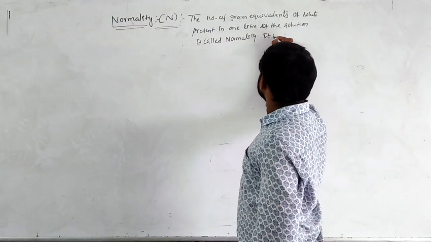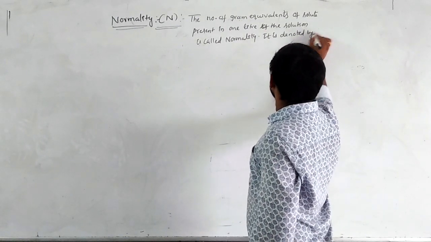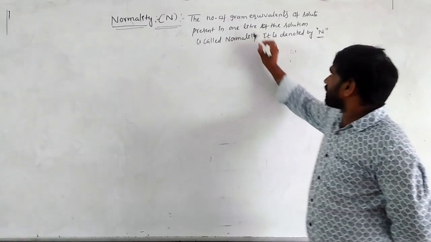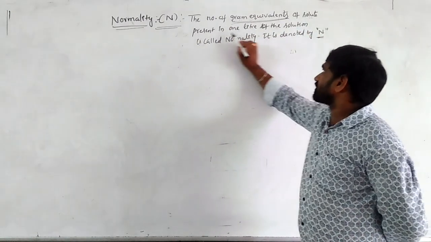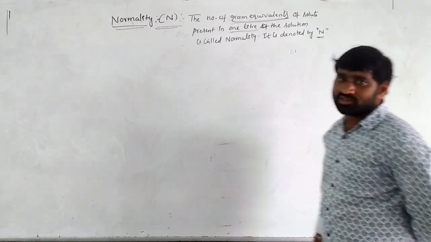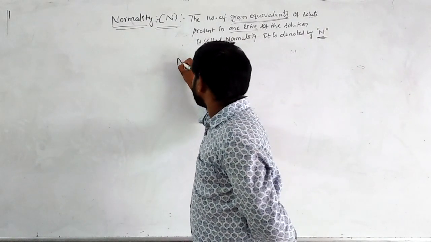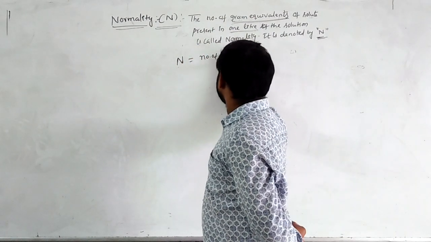It is denoted by the capital letter N. So here normality is the number of gram equivalents of solute present in 1 liter of the solution. That means normality N equals number of gram equivalents.